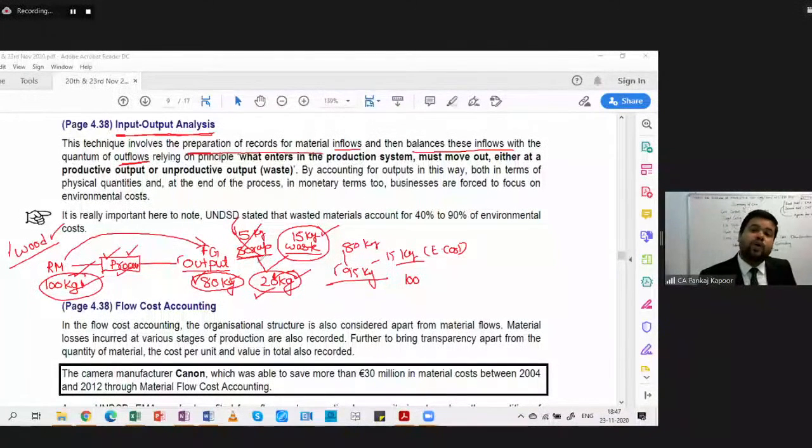Then we need to analyze whether it can be sold as scrap or it is pure waste. Agreed? So this is the input-output analysis which we can do in order to identify where there is scope to reduce the environment-related waste. And please mind it, the United Nations itself said that 40 to 90% of the environment cost is due to wastage.